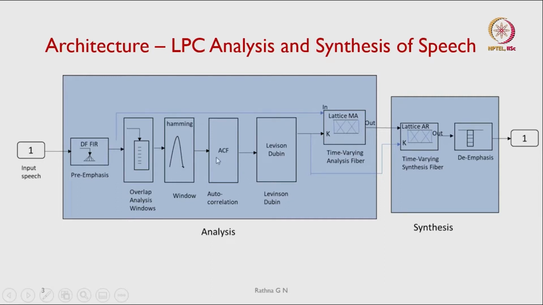We have discussed correlation: here it correlates to see whether it matches the present scenario, and it uses the Levinson-Durbin algorithm to predict the coefficients. This is given as input to our lattice moving average filter. So, we are going to do time varying analysis basically.